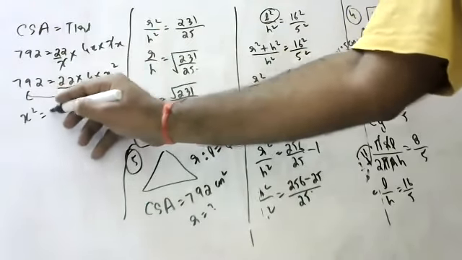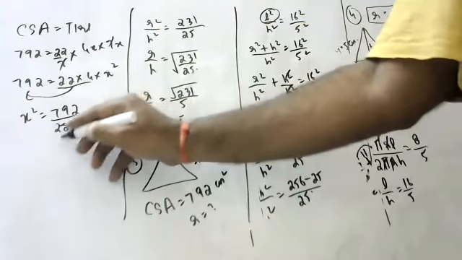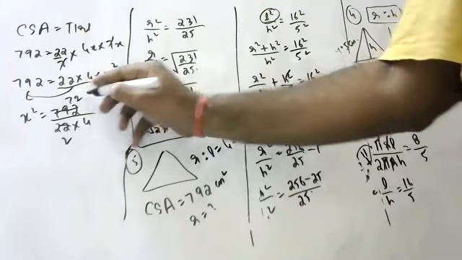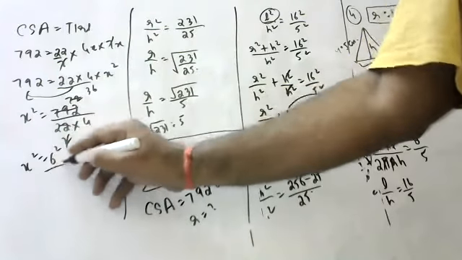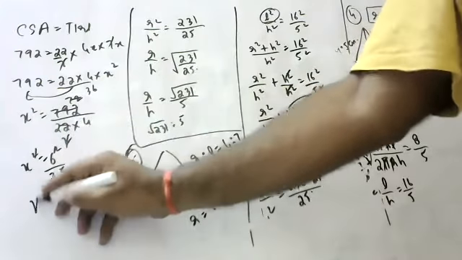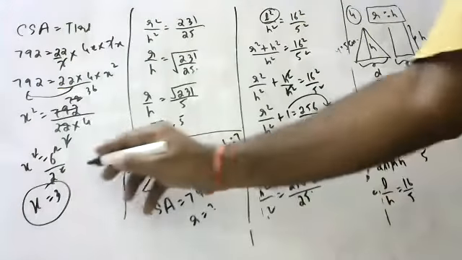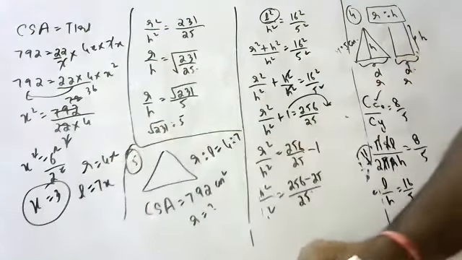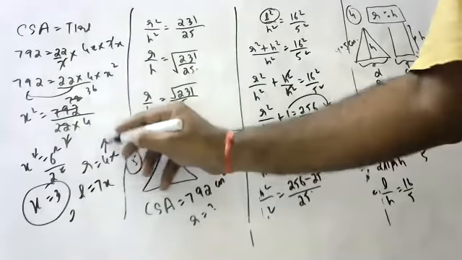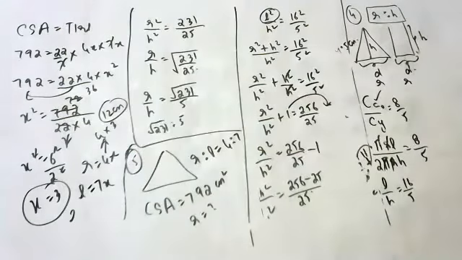So x equals 792 by 22 into 4, which is 36 by 4, 9, so x squared is 9. X equals 3. So what is the radius? 4x, and height 7x. So R is equal to 4 into 3, 12. 12 centimeters is the radius.